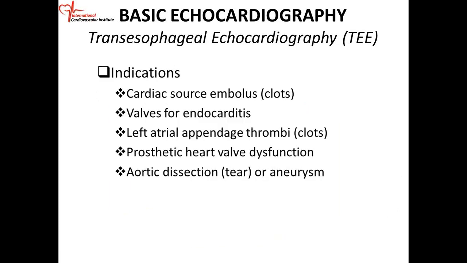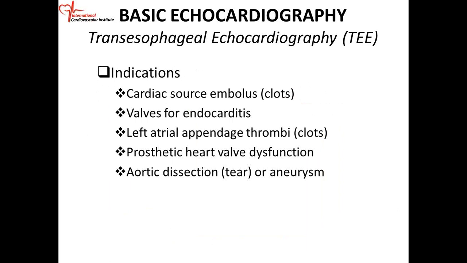Okay. What are some of the indications for doing a transesophageal echo? Why would you want to do a transesophageal echo? One of the more common indications is a cardiac source of emboli or clot.